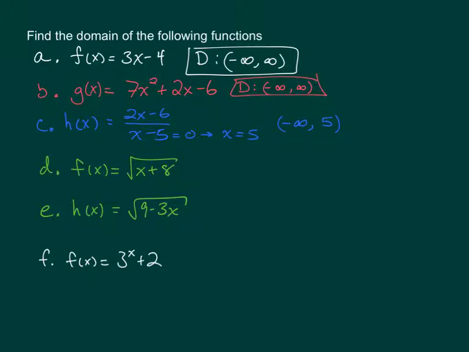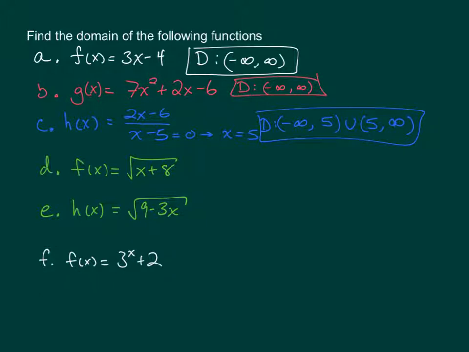Now this is everything happening to the left of 5. This function also exists to the right of 5 as well, but we still cannot include it. But we do know that it will go all the way over to positive infinity. So this is the domain for part C.